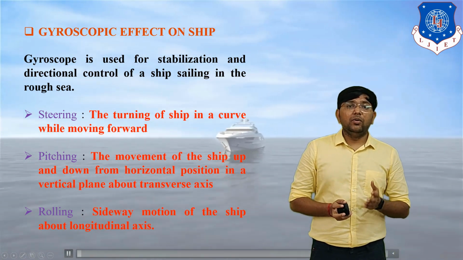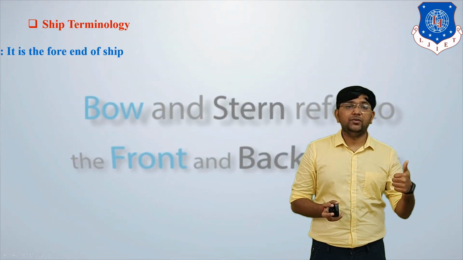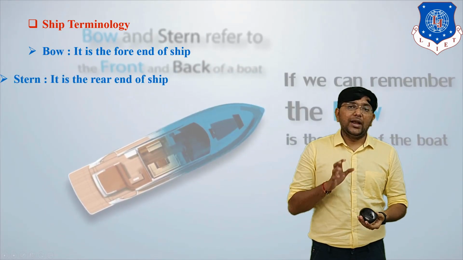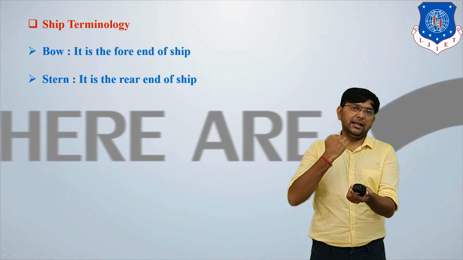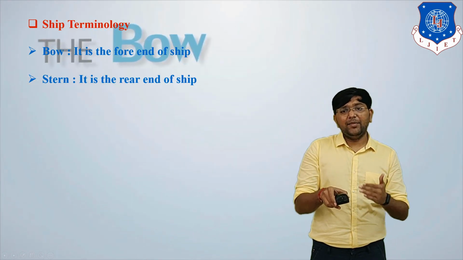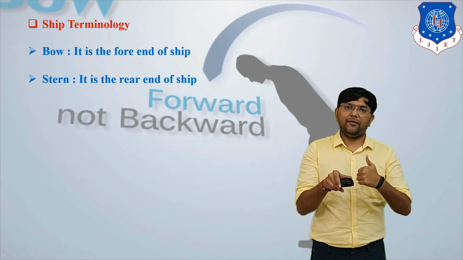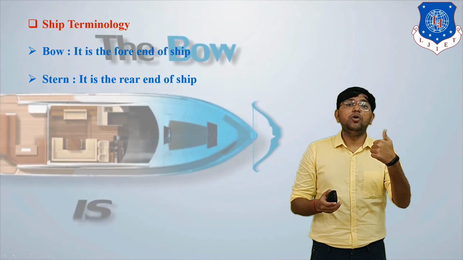Now you have to understand four basic terms of a ship. First, what is bow and what is stern? Whenever you observe the ship from the rear side, the rear end of the ship indicates the stern side or aft side, and the front side of the ship indicates the bow side.